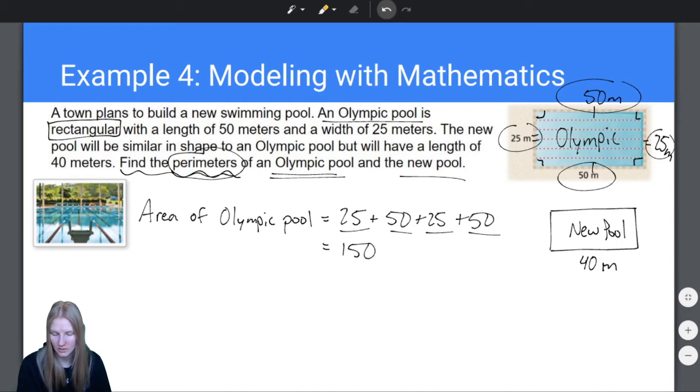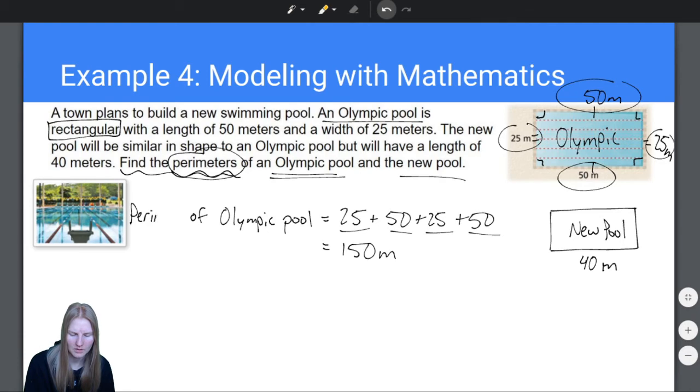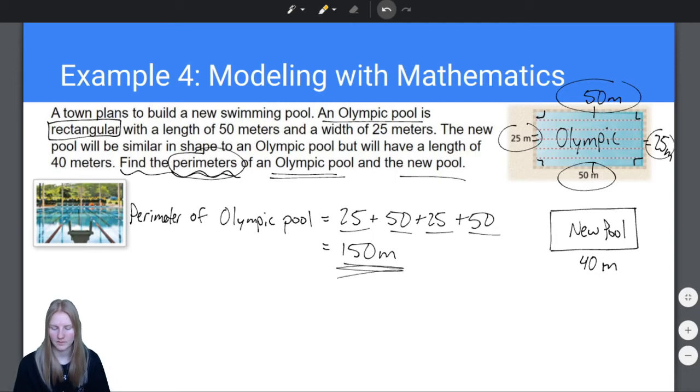So this is 150 meters is the full perimeter. Oh, I'm sorry, not area. Oh my, where did area come from? Perimeter. I'm sorry, perimeter of the Olympic pool is 150 meters.